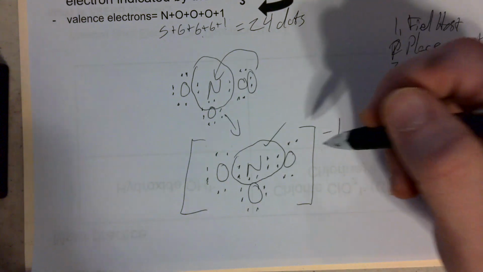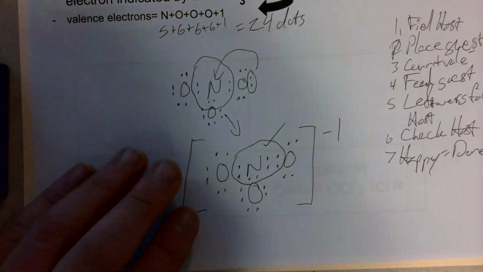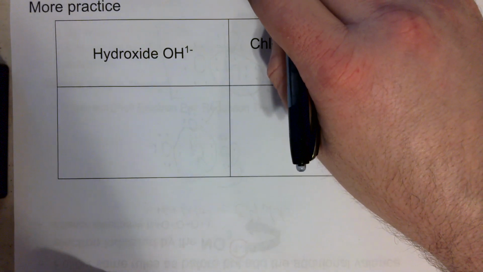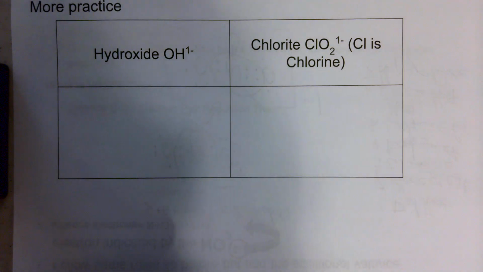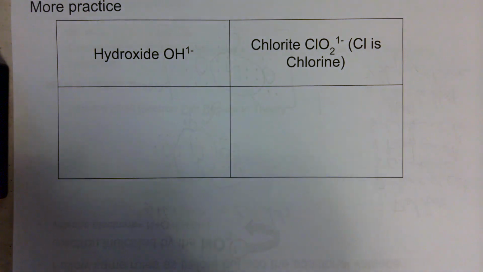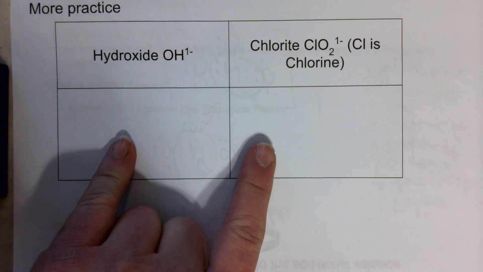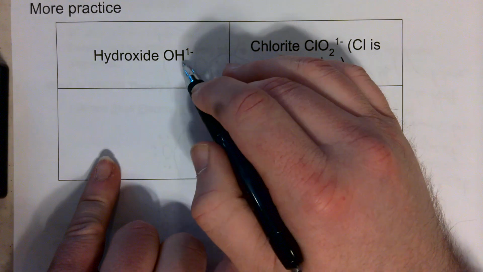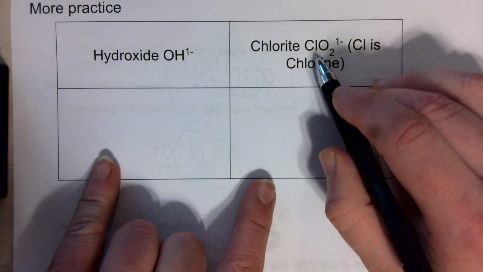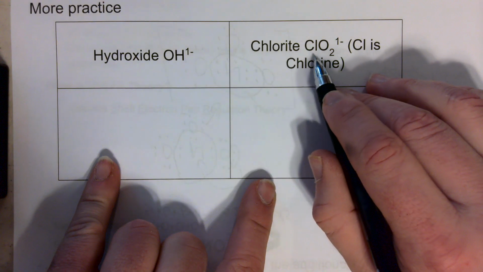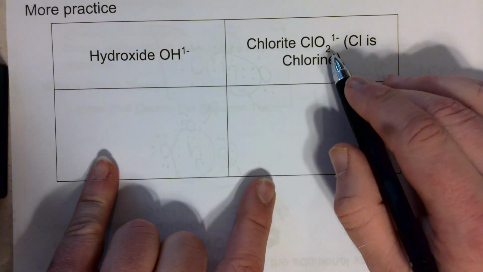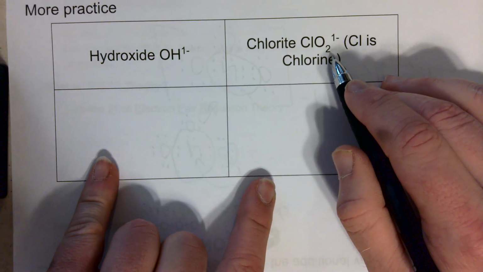Remember, when we say molecule, we're thinking covalent bonds. So, I want you to try these 2 right here. I'm going to hit the pause button here, and when I unpause it, you'll see the answers. But I want you to give yourself a shot first. So we have hydroxide, an oxygen hydrogen with an extra electron, and here we have chlorite. The Cl here represents chlorine with 2 oxygens attached to it.